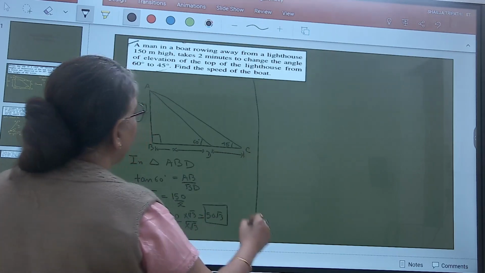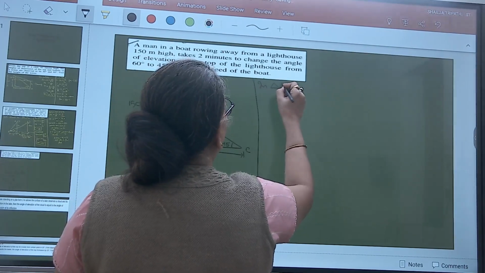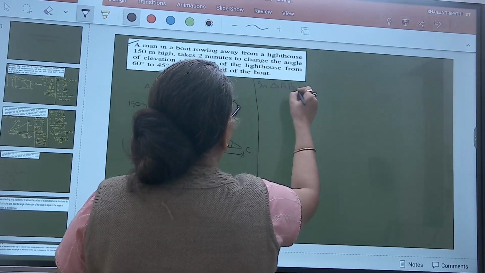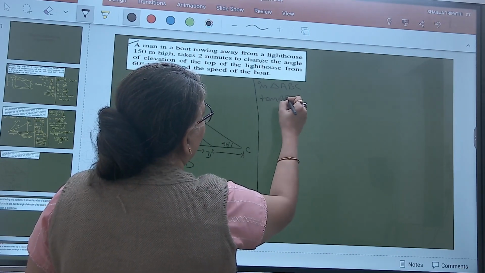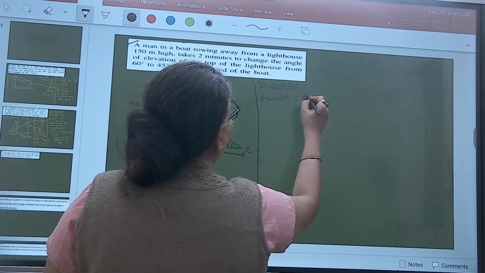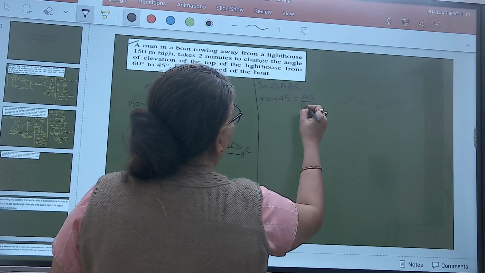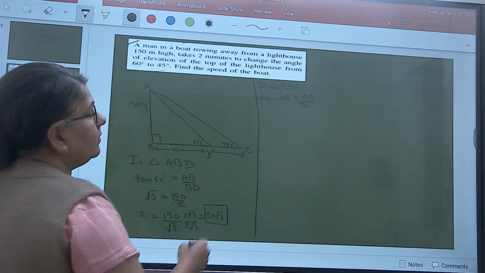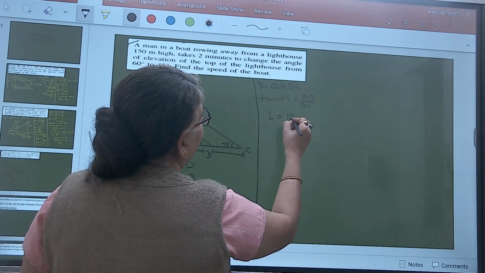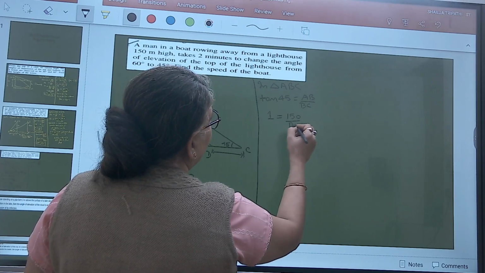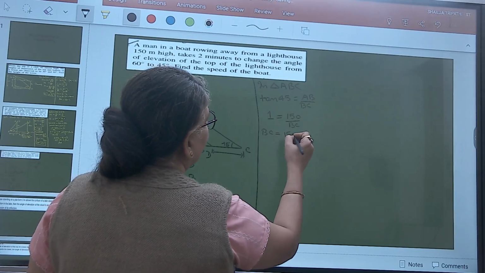Now let's take this big triangle ABC. In triangle ABC, we can write tan 45 is equal to AB upon BC, perpendicular upon base. Tan 45 is 1, AB is 150, so BC you can find out. So BC comes out to be 150 meters.